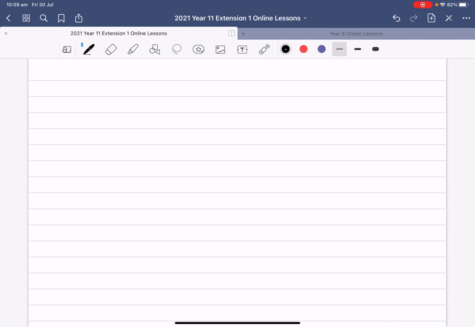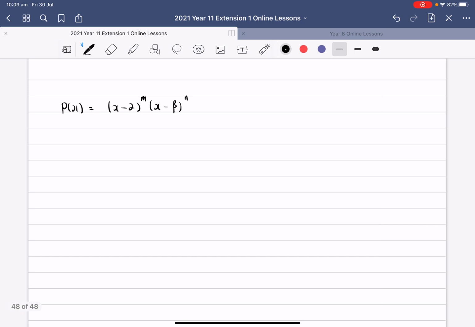Think about the P of x. If we have a factor like (x minus alpha) to the power of m and (x minus beta) to the power of n, think about it. If m is greater than or equal to 1, and m is an even integer, then the conclusion is, if you want to sketch the curve here, the curve will have a stationary point.